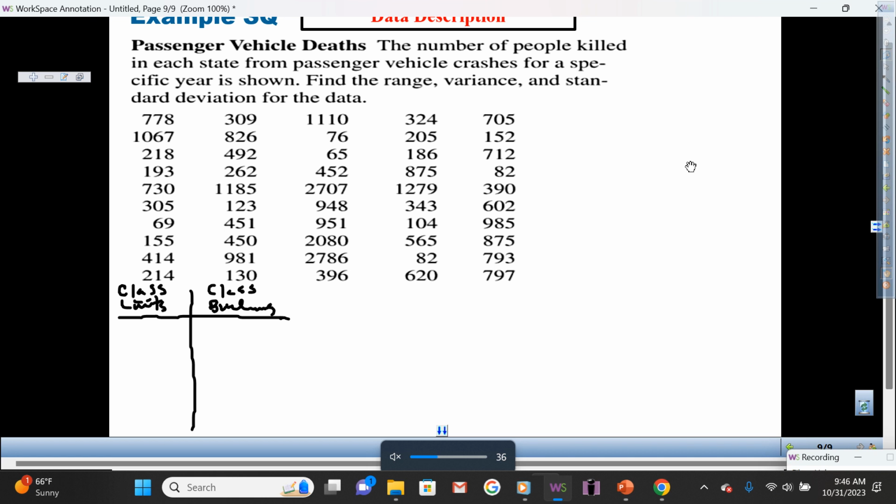How many classes was the usual range? Anywhere from 5 to 10? All right. So how many classes do you want to do? 5? Okay. So then write it on top, 5 classes.